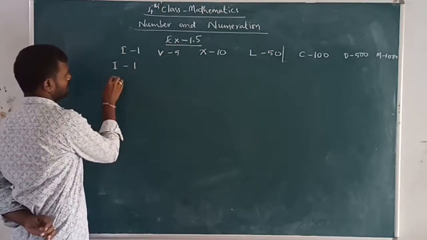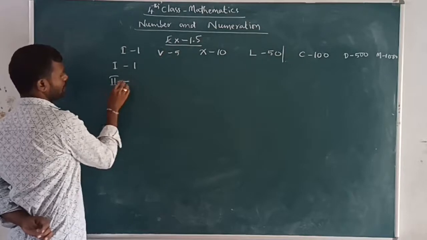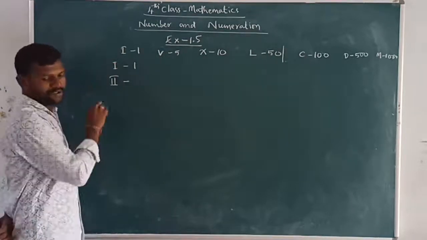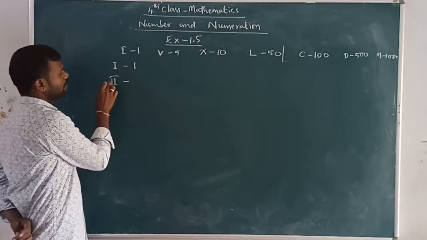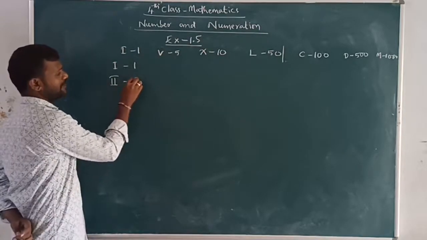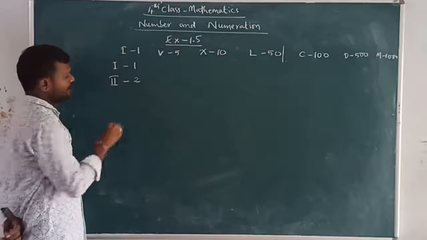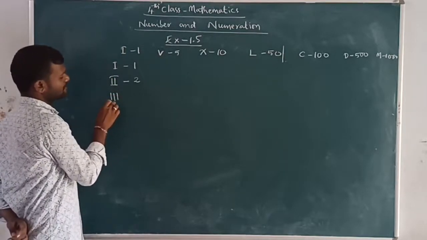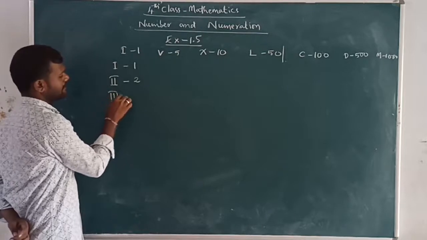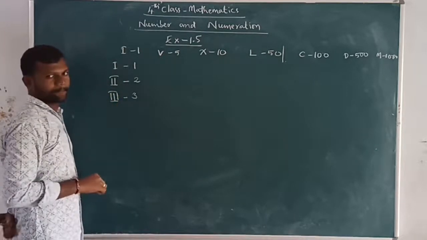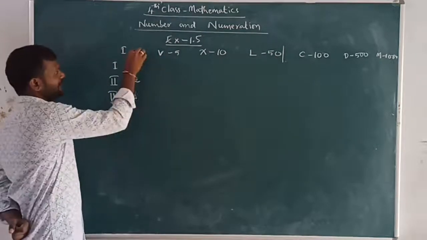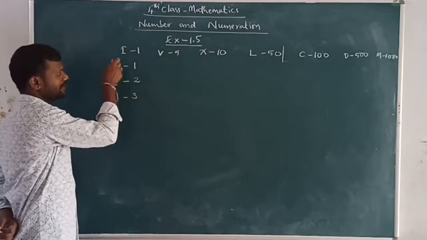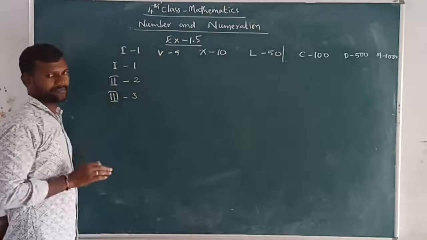And next 2. 2 ones are there, which means 1 plus 1, nothing but 2. And next 3. 3 lines you have to draw. 1 plus 1 plus 1, 3. Why? Because in these numbers, 1 is closer to these numbers. So we wrote these numbers by using 1 only.